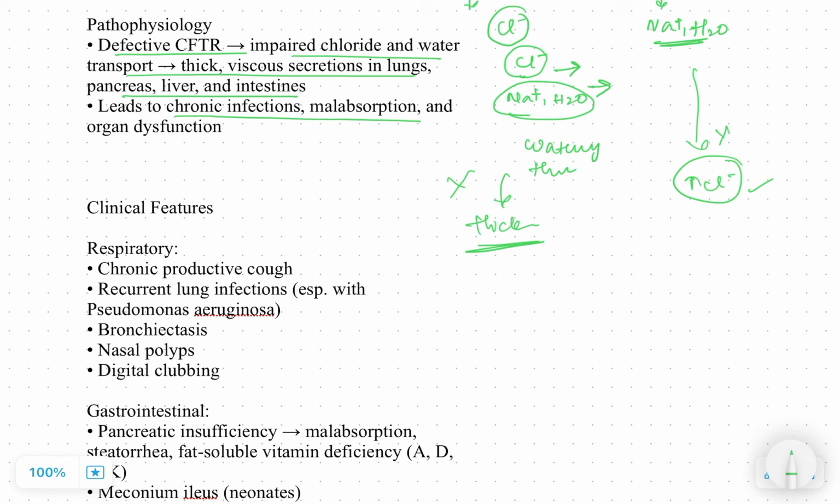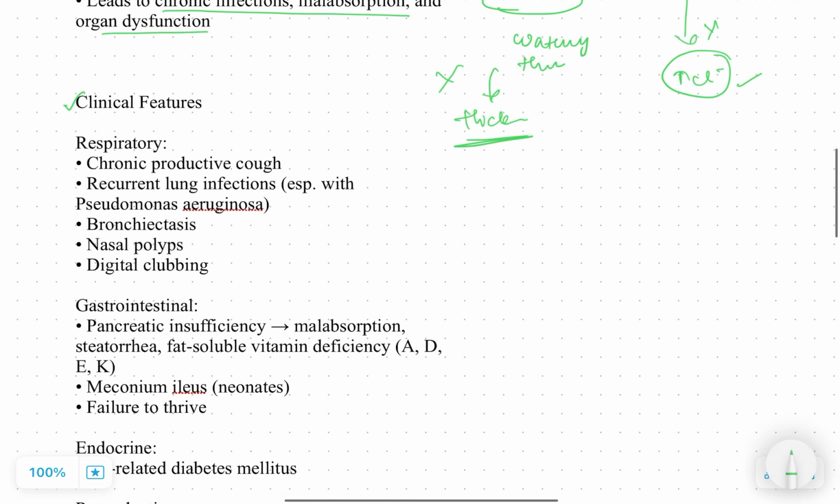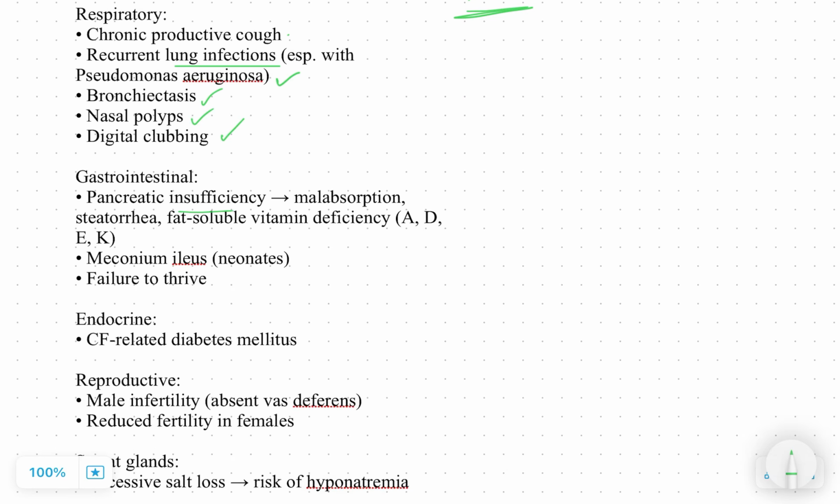This leads to infections of the lung, malabsorption and organ dysfunction. The clinical features include chronic respiratory illness like chronic lung infection, where Pseudomonas aeruginosa infection is more common, bronchiectasis, nasal polyps, and distal clubbing. Pancreatic insufficiency can be seen, with deficiency of the fat soluble vitamins A, D, E and K, meconium ileus in neonates, and failure to thrive.